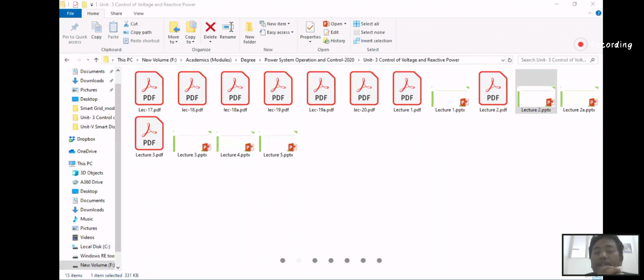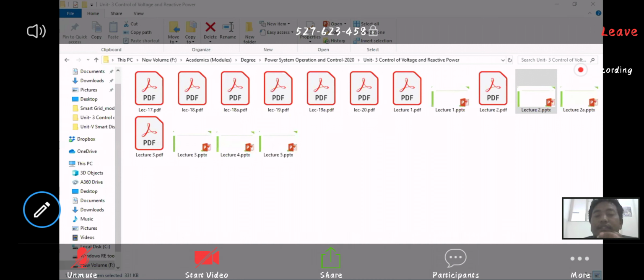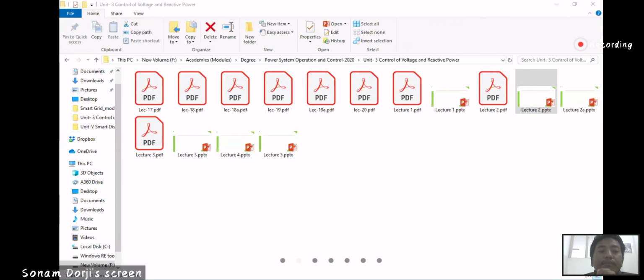If the voltage is less than the acceptable limit, we inject reactive power to boost it. In such a case, we use shunt capacitors.